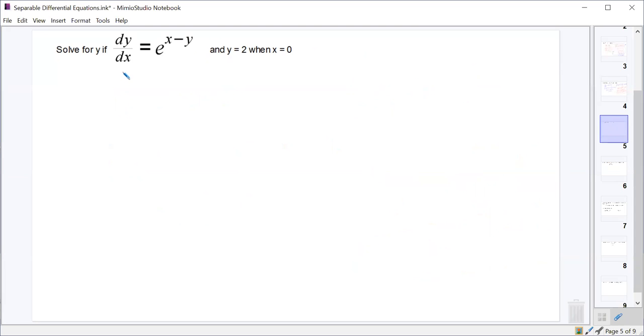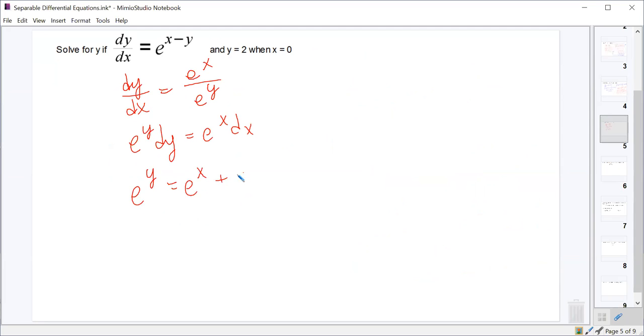This one we'll have to use exponent rules right off the bat to write it as e to the x over e to the y. And then we'll separate the variables. E to the y dy equals e to the x dx, giving us very easily e to the y equals e to the x plus a constant when we integrate.